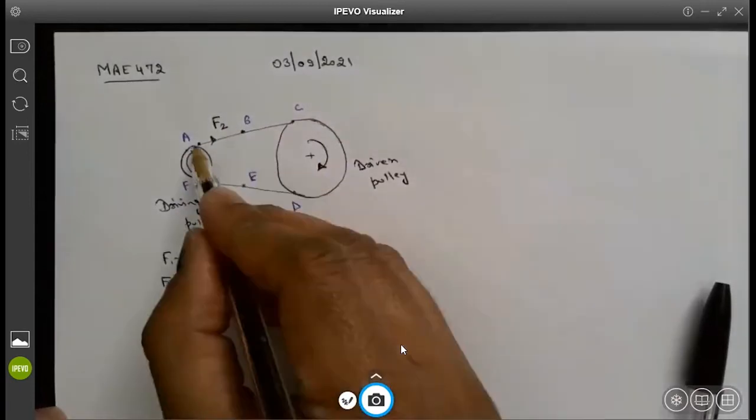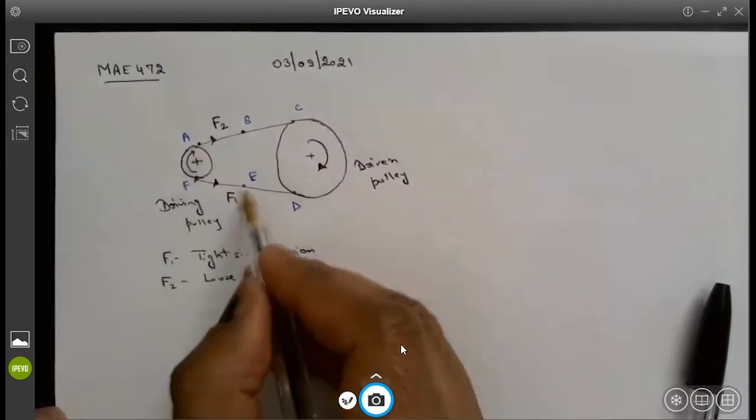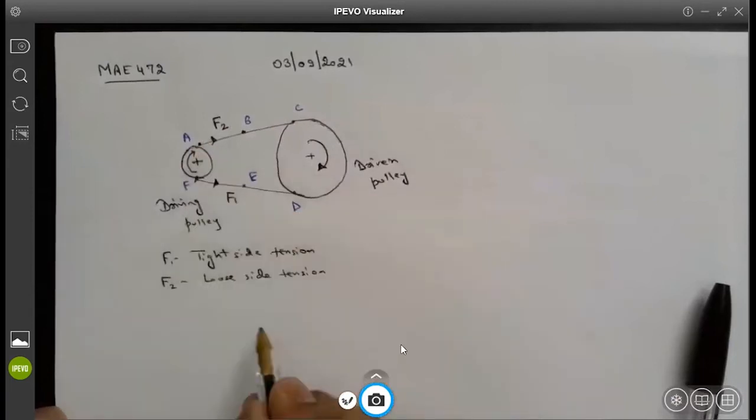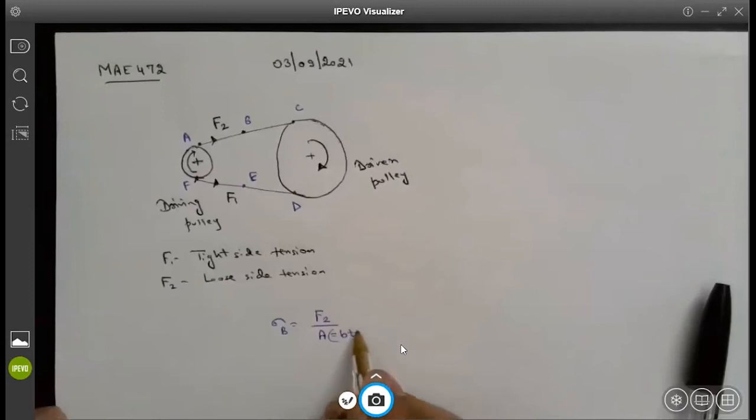At each segment I know what my forces are, so I can calculate the stresses. The stress at point B will be F2 divided by the cross-section area of the belt. Let's say the area A equals the width of the belt multiplied by the thickness. This is the width, and this is the thickness.